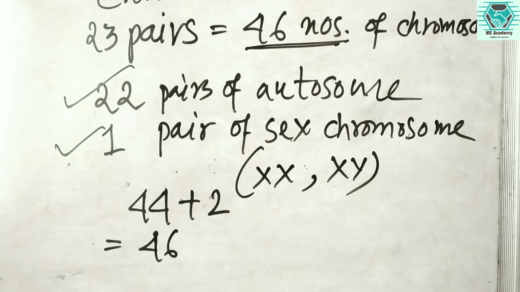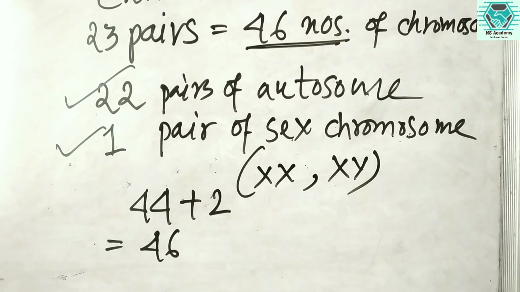So 46 chromosomes means 46 DNAs, because each chromosome comprises one DNA and histone protein. DNA wraps around the histone protein forming the chromosome. So 46 chromosomes means 46 DNAs are present in each nucleus.